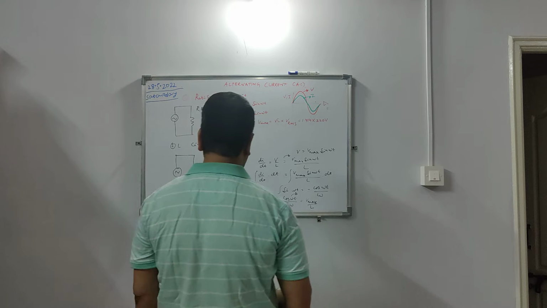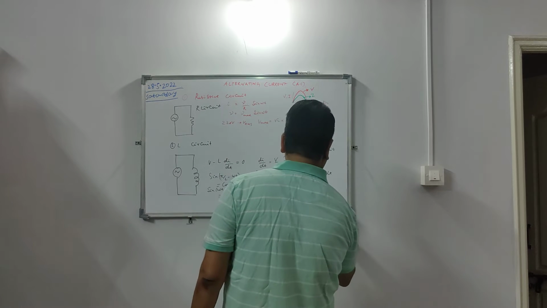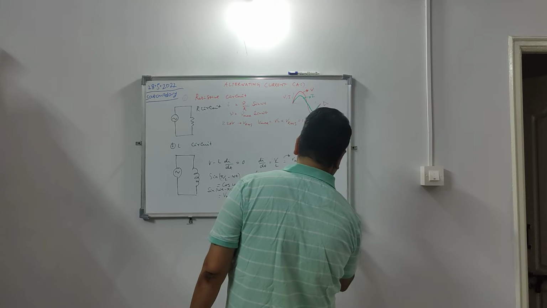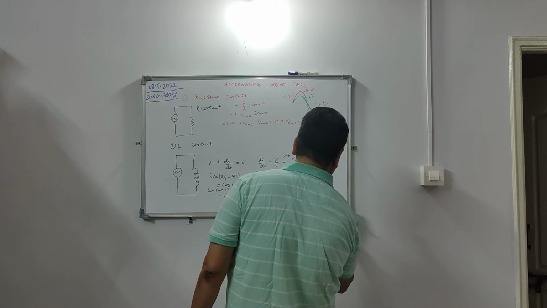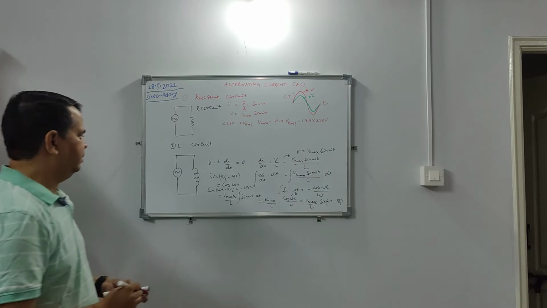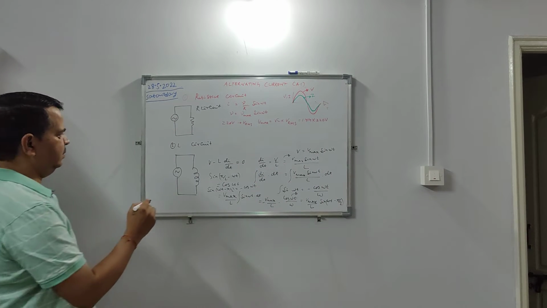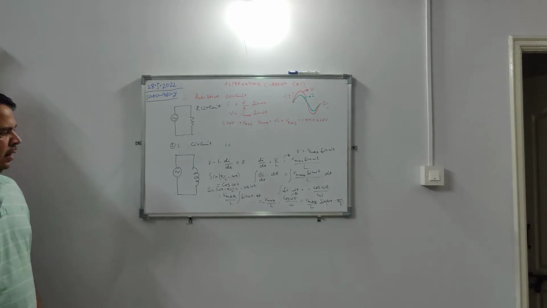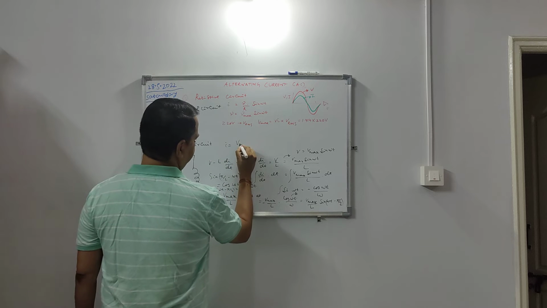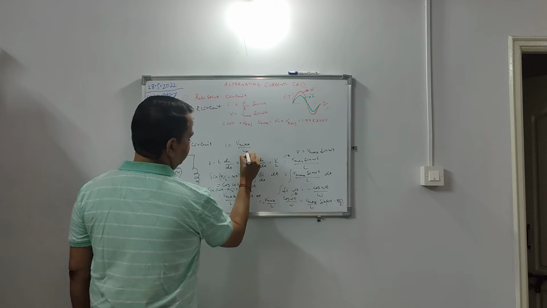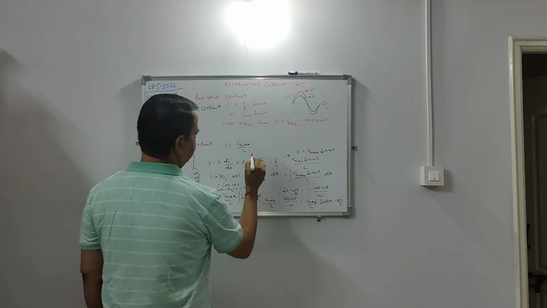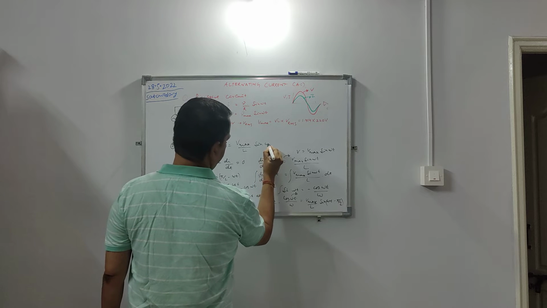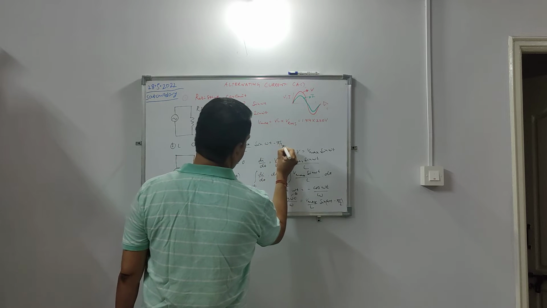then sin of omega t minus pi by 2. This is my equation for current. What is my final equation? I is equal to V max divided by omega L into sin of omega t minus pi by 2.